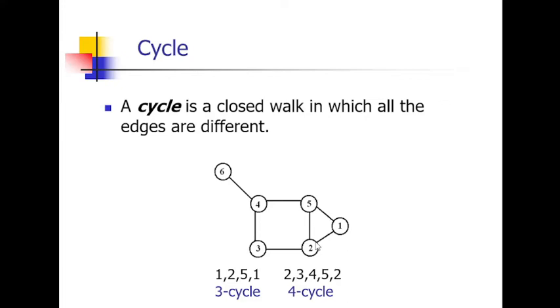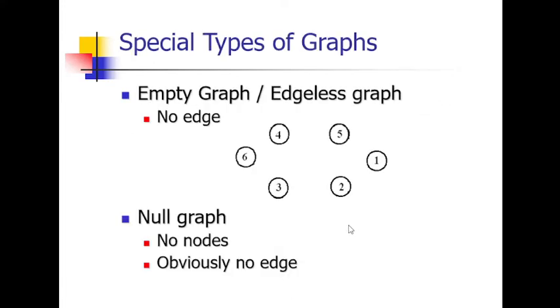That is, it starts from the same point and ends at the same point. Same node to same node. So a cycle is a closed walk where only the edges are different. So I can start the journey from 1 and end at 1, provided I do not come back on the same edge. That is a cycle.